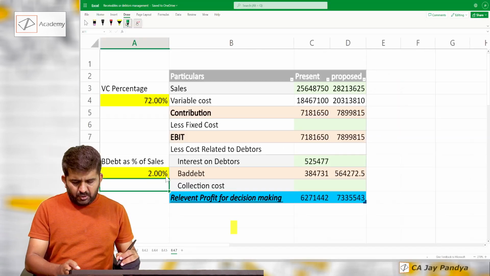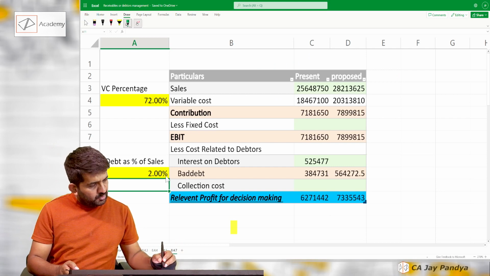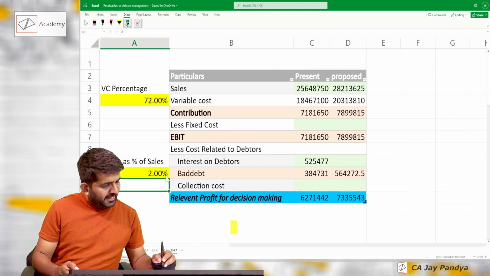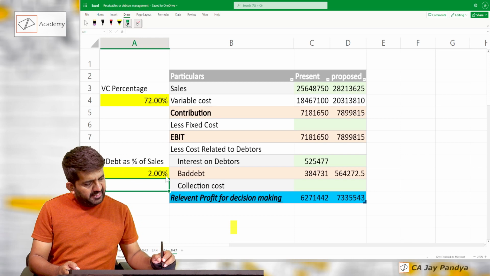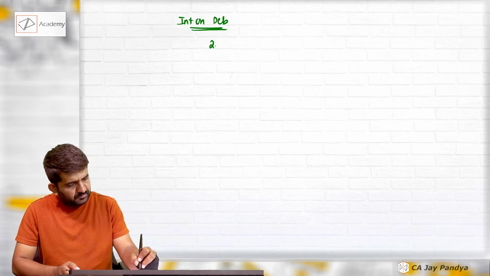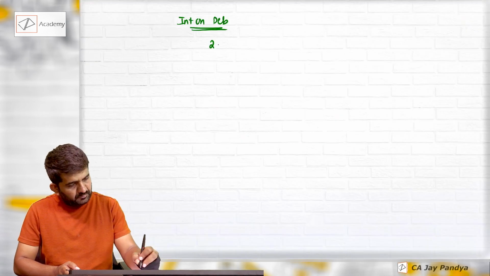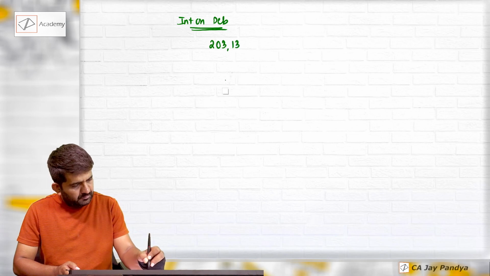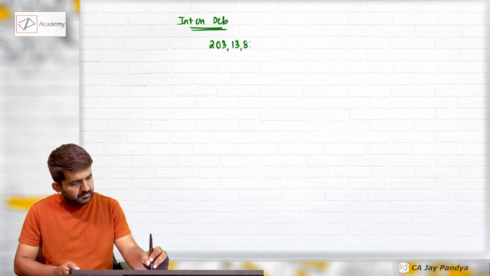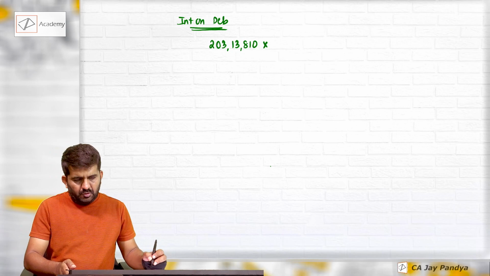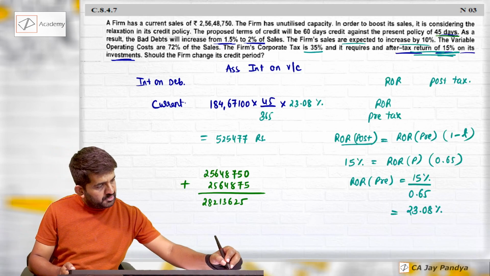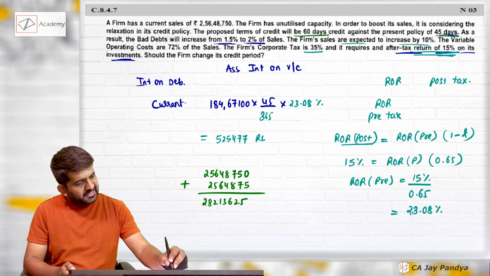What is variable cost in the proposed situation? 2 crore 3 lakh 13,810. What is the credit period in the proposed situation? 60 days.